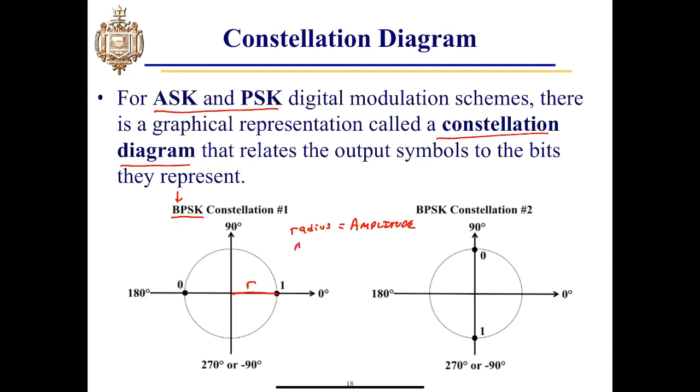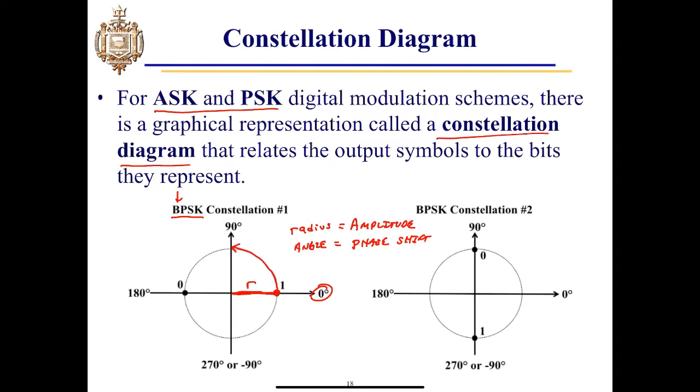And then your angle is your phase shift. Whatever radius this is, that's the amplitude. Starting with this phase, it's at 0 degrees phase, and phase increases as you go counterclockwise around this constellation diagram.